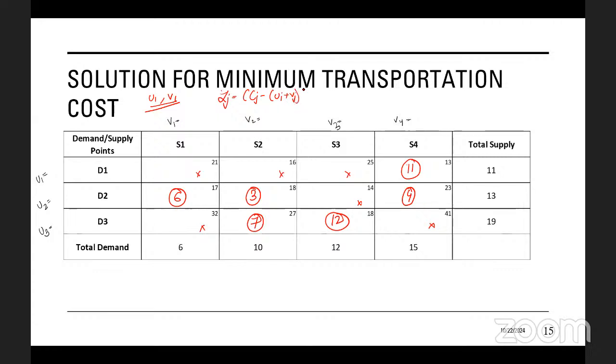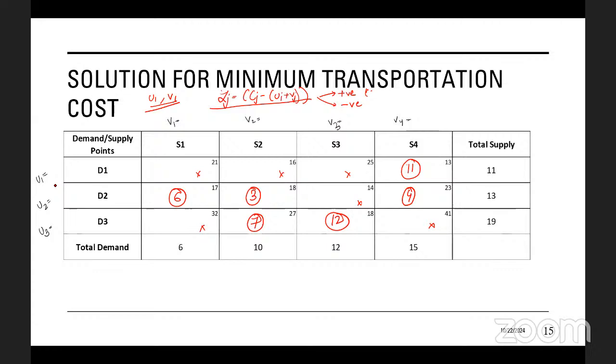If this remains positive, then we know that in that cell no more allocation can be done, and if it is negative, then we have to move our allocation to a more optimal cell. So now we'll first find out the ui and the vi.